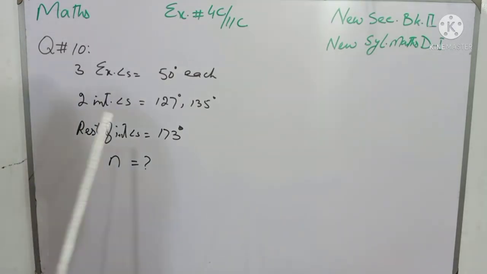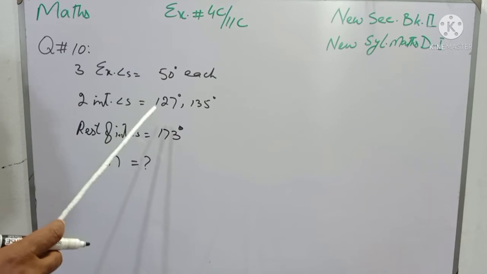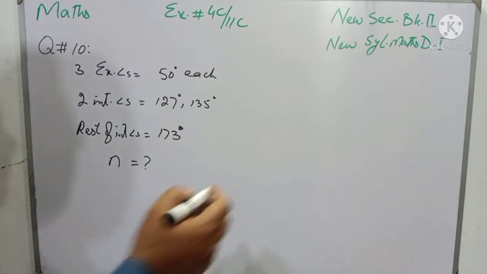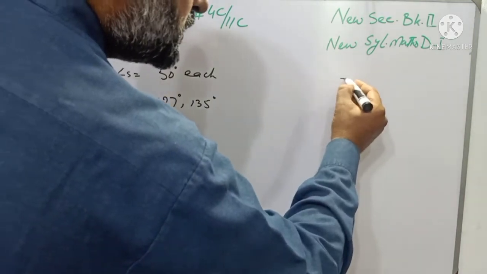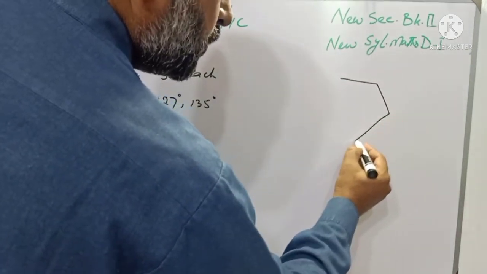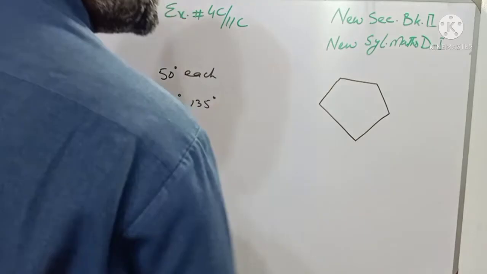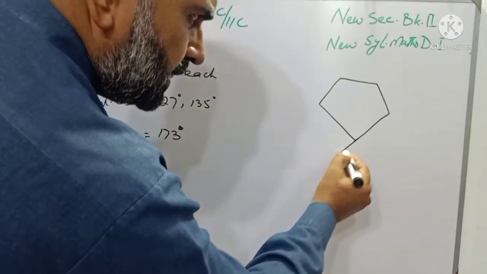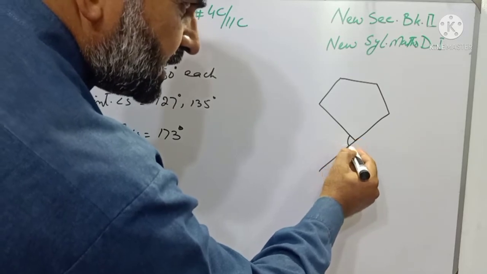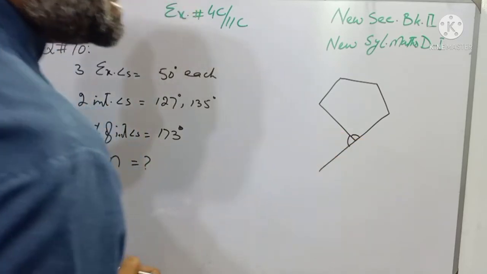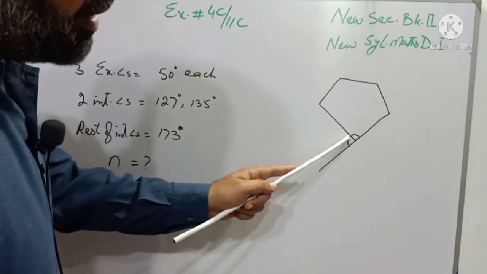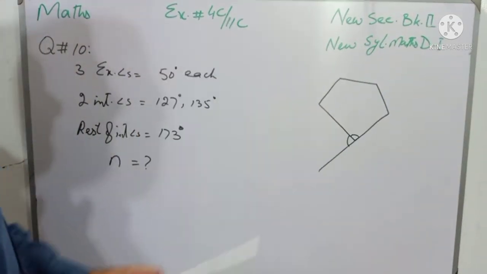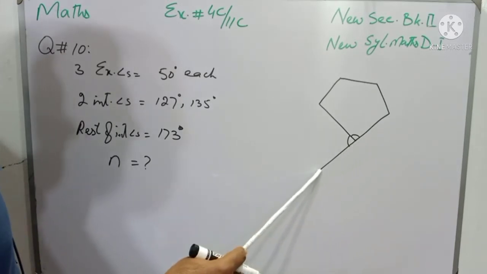First you have to understand the relation of interior and exterior angles. Students, let's suppose this is a closed figure. If I produce this side, this is an exterior angle and this is an interior angle. The sum of these two angles is always 180 degrees because it is a straight line.